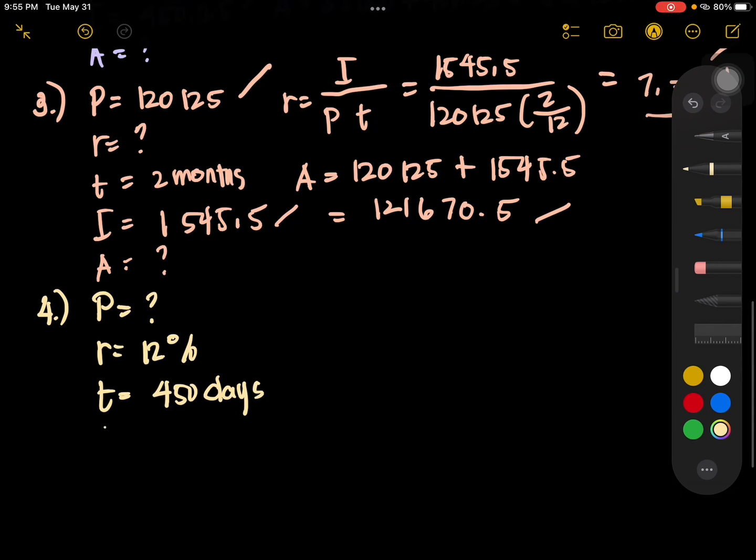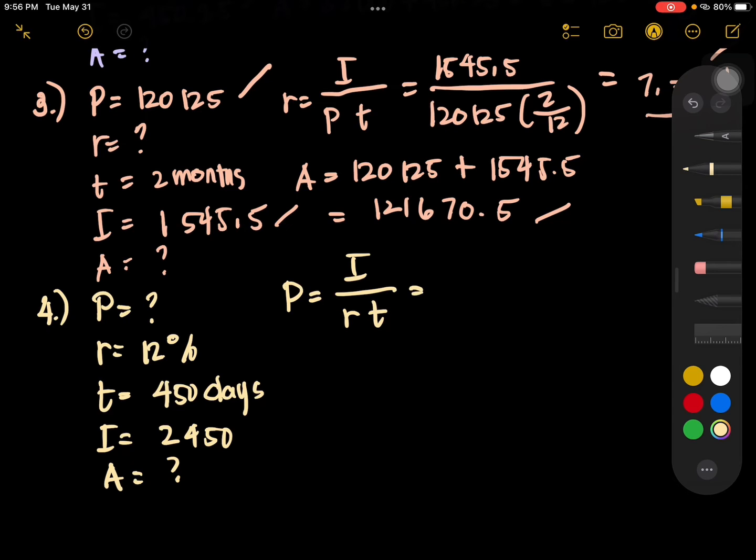And then we also have the interest, 2450. Okay. And of course, the amount. So for the principal, the formula is interest over the rate and the time.